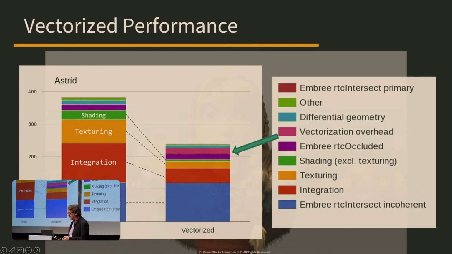Since Embree is already well vectorized in both our scalar and vectorized code paths, we don't expect to see an improvement in this area, nor do we see any improvement. However, we do observe significant gains in shading, texturing, and integration, and despite the overhead for vectorizing the scene, we see a good result with about a 37% performance improvement overall.